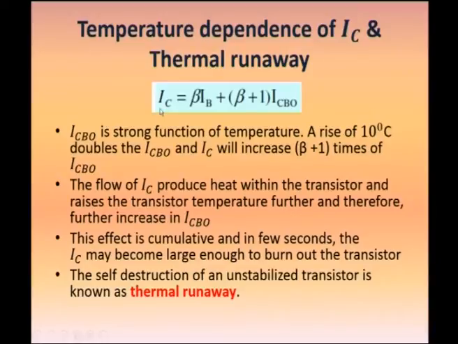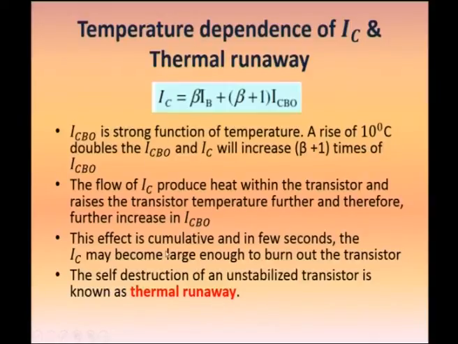If the collector current increases, then the heat generated in the transistor is high, and then again the temperature increases, and for the increase in temperature, ICBO will also increase, and again IC is increasing. So, this is a cumulative process, because of which the self destruction of the transistor happens, and this self destruction of an unstabilized transistor is known as thermal runaway.